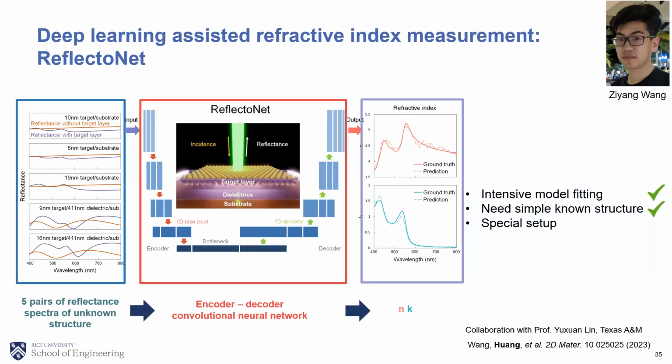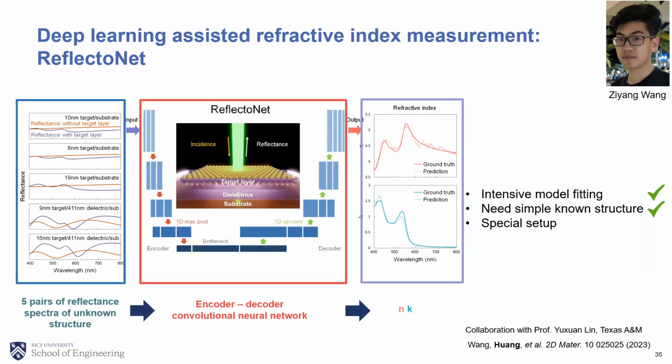For the input of ReflectorNet, we need 5 pairs of reflectance spectra, and each pair of reflectance spectra contains a reflectance spectrum with the target material and without the target material. And the 5 pairs include different types of structures. For example, you can have different thicknesses for the target material. You can have different types of substrate and different combinations of substrate materials.